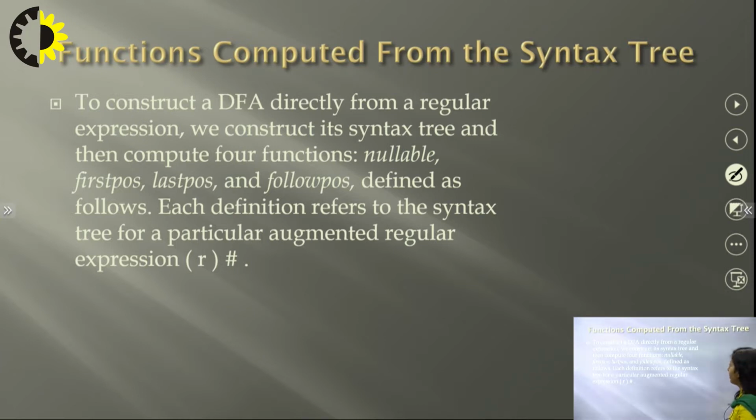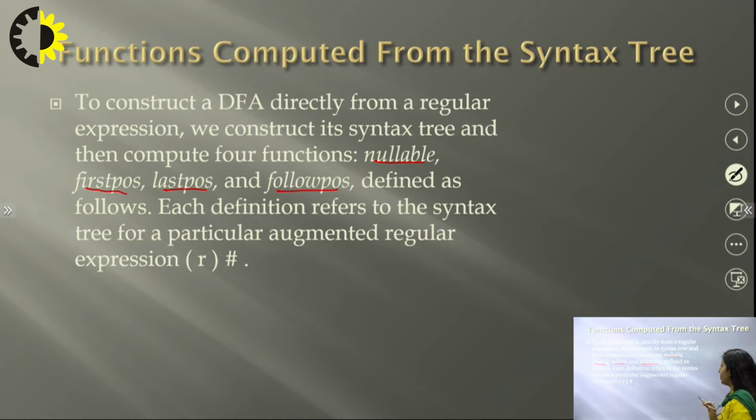The approach is to construct a DFA directly from a regular expression. We construct its syntax tree and then compute 4 functions: the first function is nullable, the second is firstpos, third is lastpos, and then followpos, defined as follows.